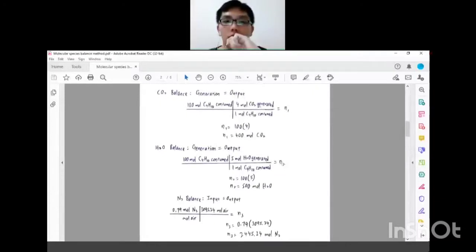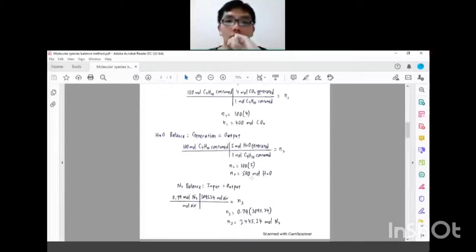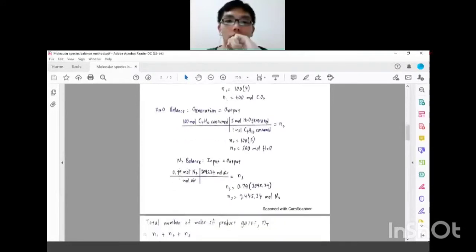To find the value of n2, we multiply the 100 moles of C4H10 consumed by 5 moles of H2O generated, and you will get 500 moles of H2O. Then for the nitrogen balance, input equals output. It is a non-reactive species, so there is no generation term or consumption term in the balance equation.